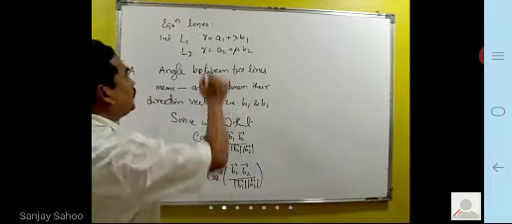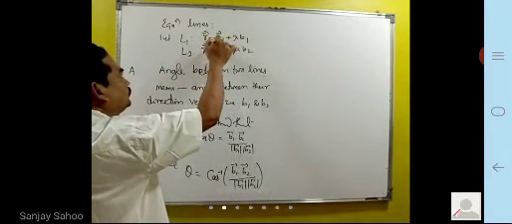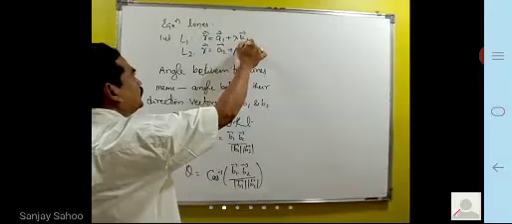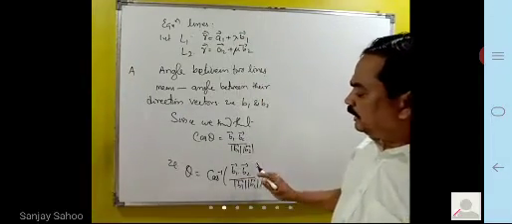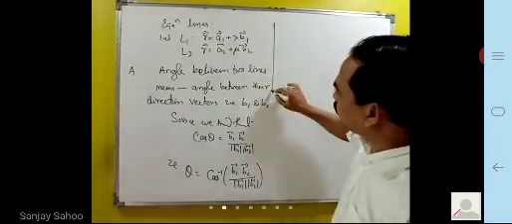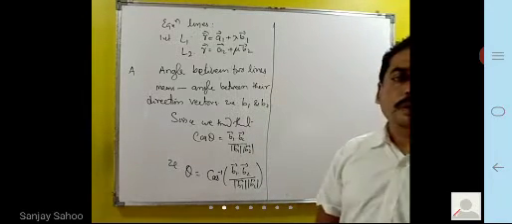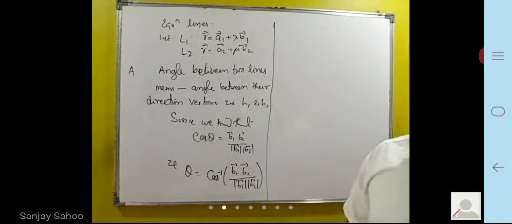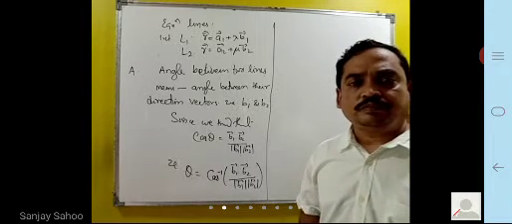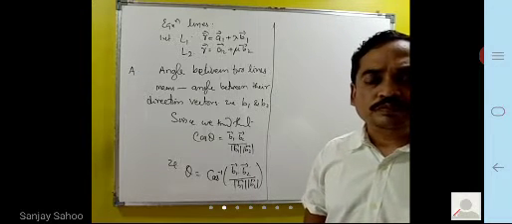This will give the angle between two lines. This is the same as what we studied in vector, so that will be used here. Everybody understood?